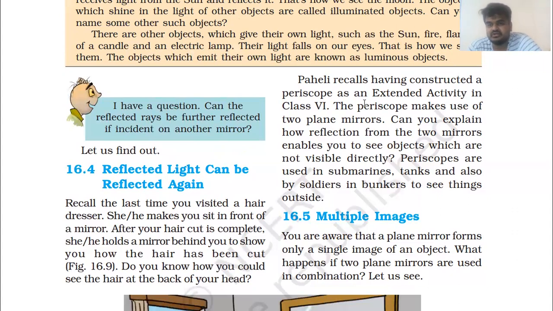Periscopes are used in submarines and tanks, and also by soldiers in bunkers, to see things outside. Without going outside, we can observe things with the help of a periscope.